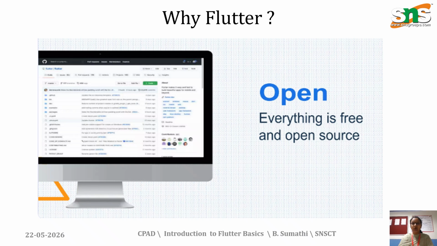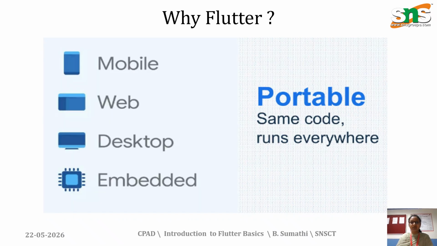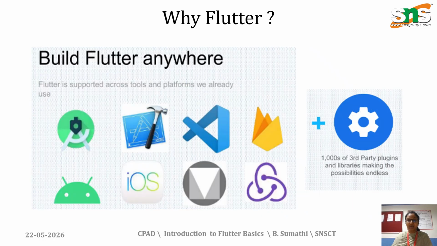The next one is open source. Flutter is open source, so anyone can download and configure it on their laptop and start using Flutter. The next one is portable. Portable means the same code runs everywhere. An application developed for mobile can be run on web, desktop, embedded, etc. So the coding is portable.